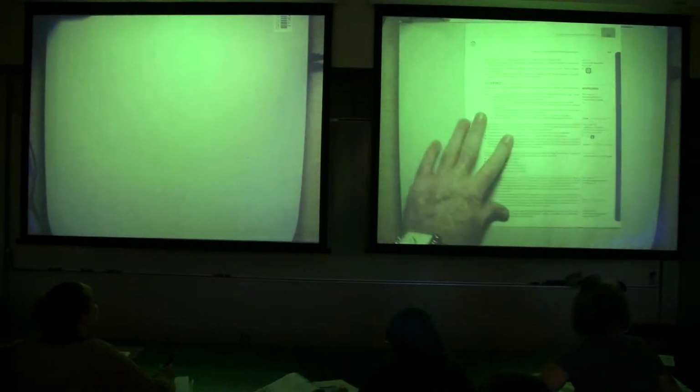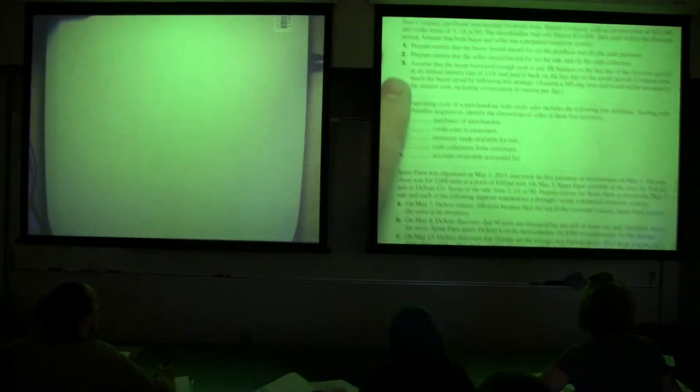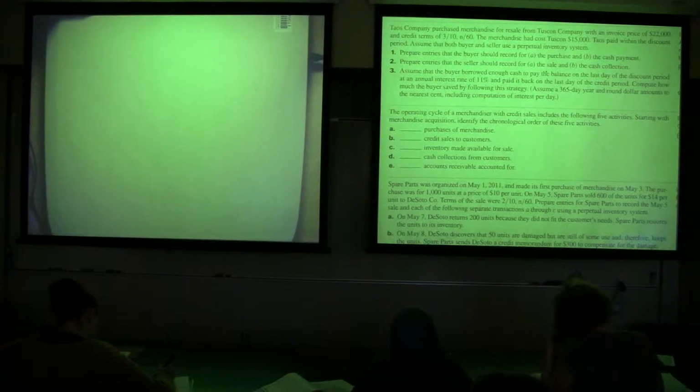It has a buyer and a seller. I'm going to go ahead and make it bigger. It asks you to record the transaction as the buyer and as the seller, and both of these are using the perpetual inventory system. Let me go ahead and review it for you.